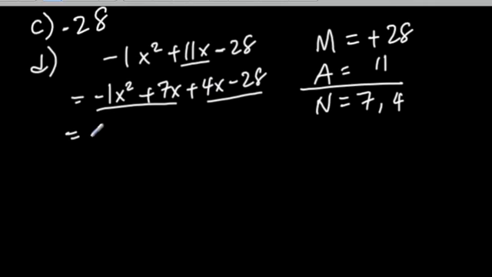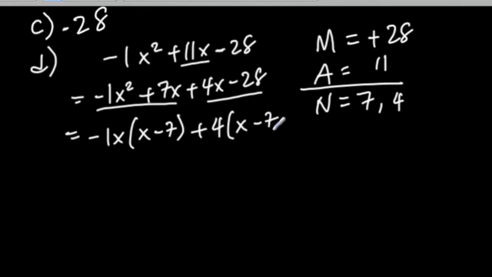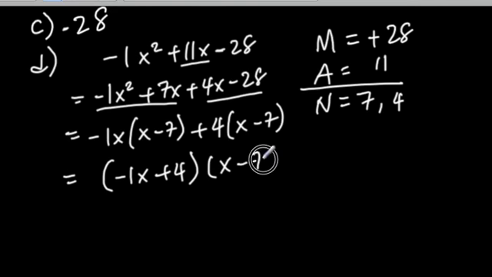Sorry, you're not going to factor out just negative 1, you're going to factor out negative 1x, and what's left is x minus 7. And what you're going to factor out here is the 4, and what's left is, again, x minus 7. We see the x minus 7, so we know we're on the right path. So it's going to be negative 1x plus 4 and x minus 7.